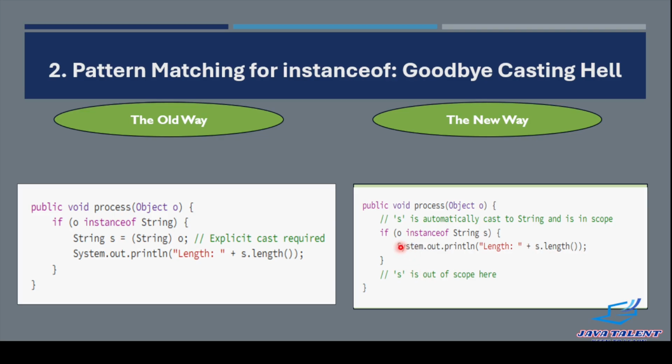So in this you see clean and nested logic instantly. Earlier we had to write instanceof String and then explicit casting was required, but in the latest approach, s is automatically cast to String, and within this scope you can use s automatically, and s is out of scope outside. So this is the nicer way we use nowadays.